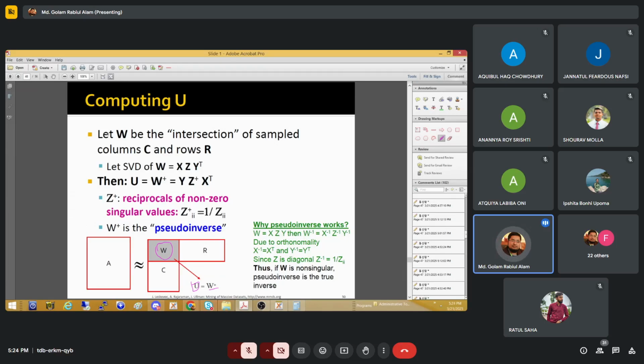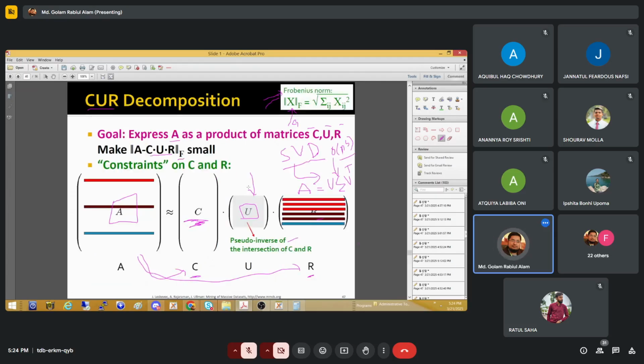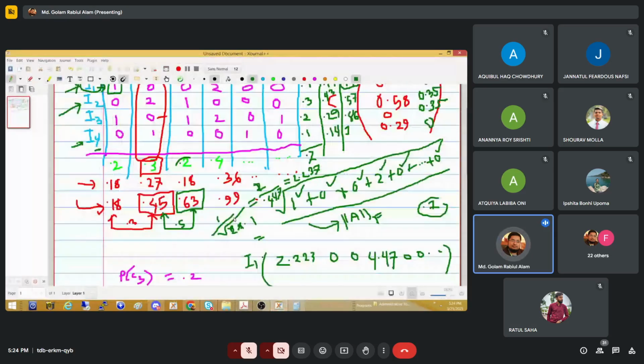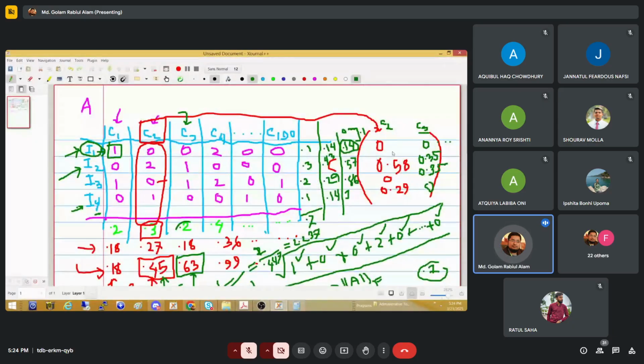Here W is the intersection of sample columns C and rows R. If we consider our data set here, we have selected two columns, C2 and C3, and let's say we have selected I1 and I2.